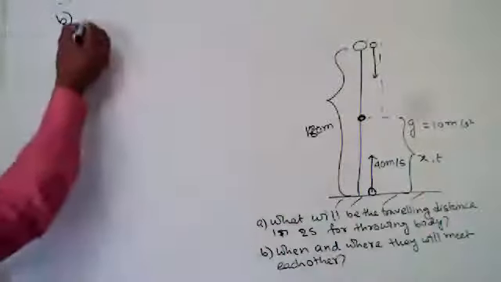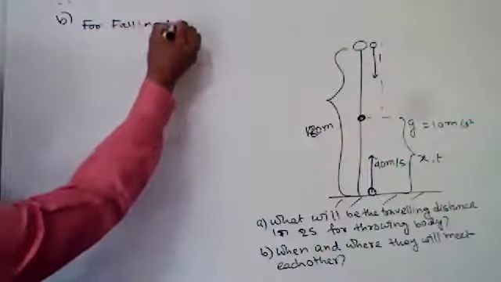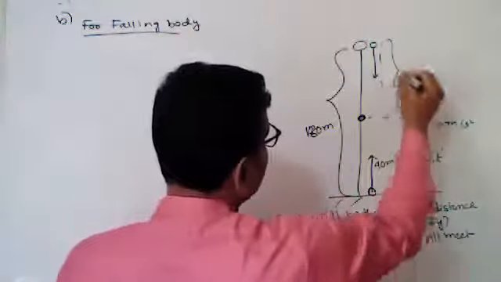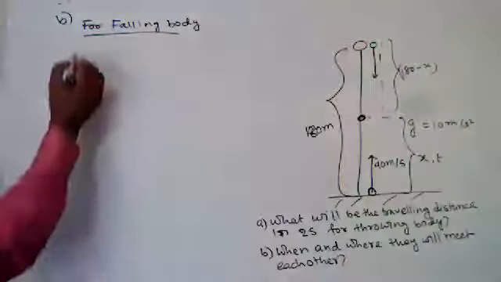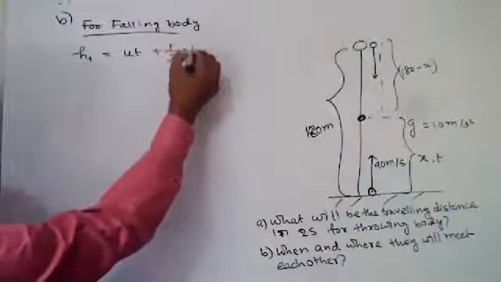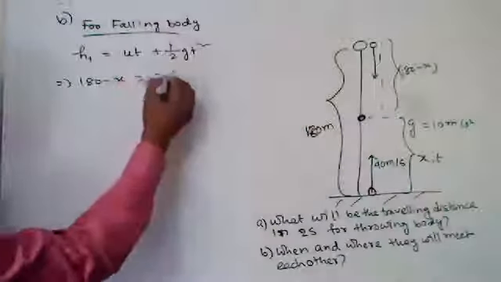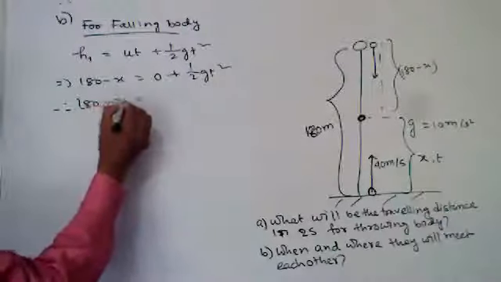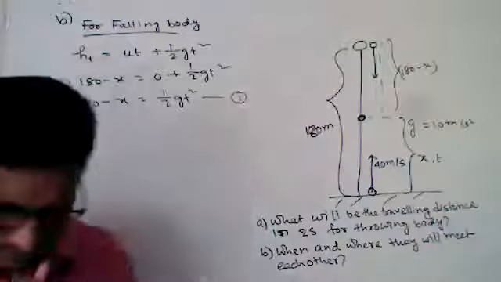So at first for the falling body, this is x and this is 180 minus x. For the falling body, h1 equals ut plus half of gt square. So 180 minus x equals 0 plus half of gt square. So 180 minus x equals half gt square. This is equation number 1.